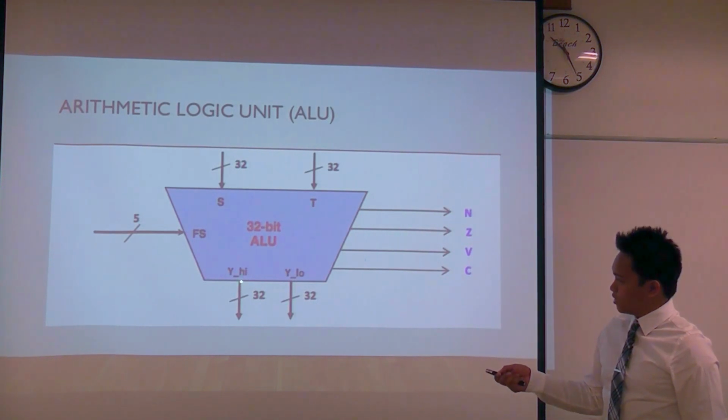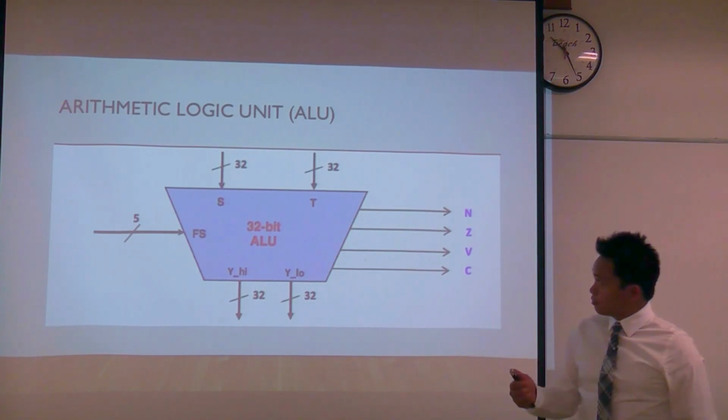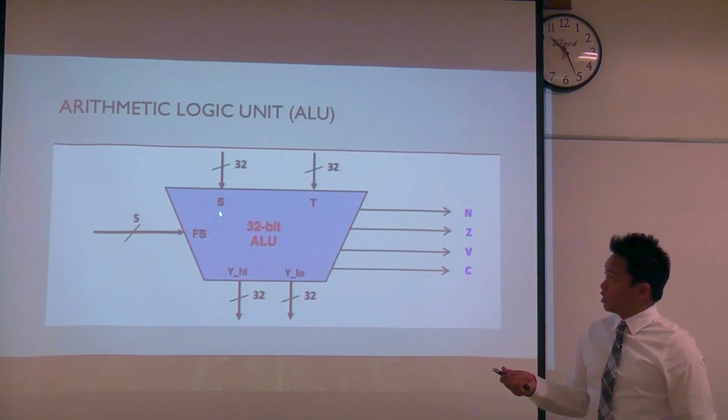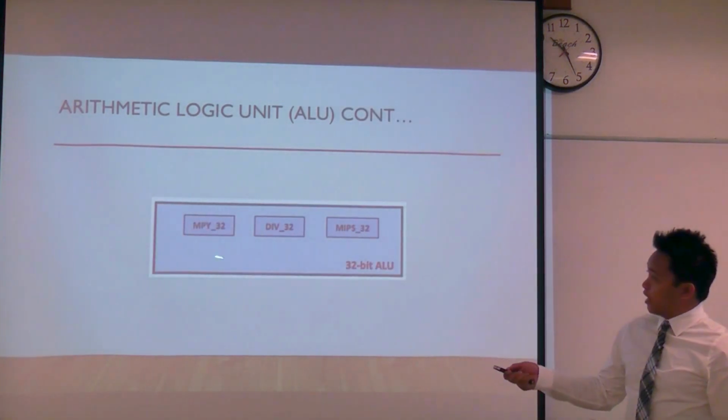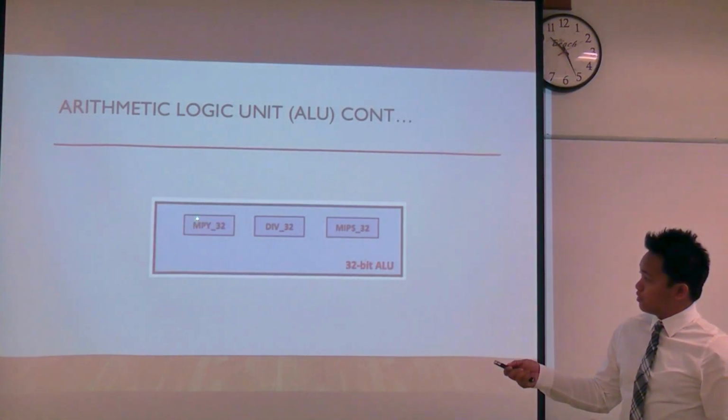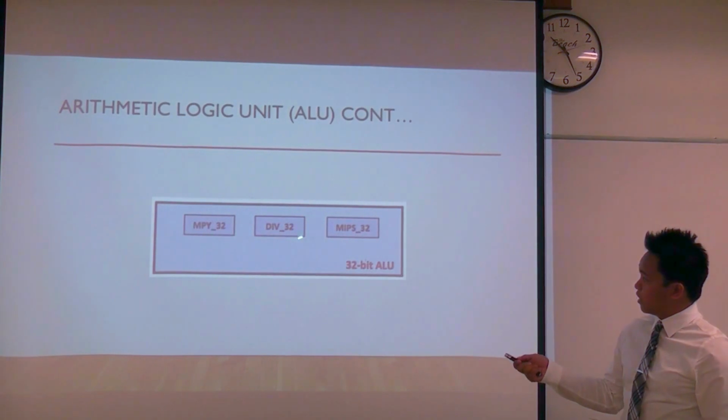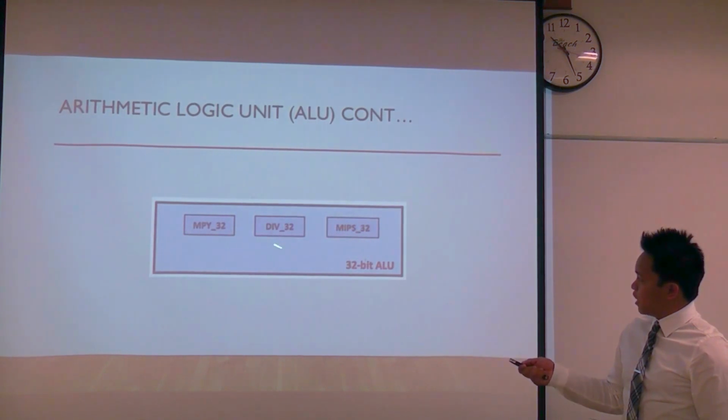However, that really is typically only for multiply or divide. This is what we started with initially. We had these instantiations of these modules, multiply, divide, and the integer operations located in the ALU.